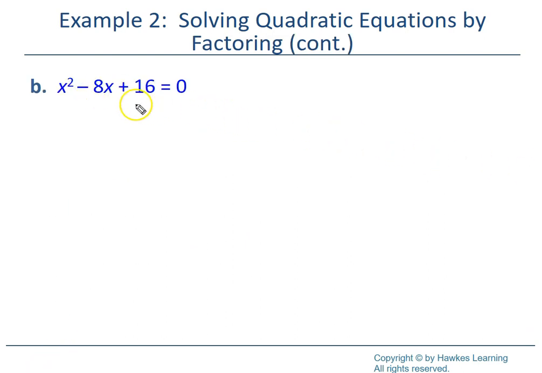Now, for this one, I don't know if you recognize this, but this is a perfect square trinomial that will look like so: x minus 4, the quantity squared, equals 0. So for something like this, we want to write it twice, in a sense.